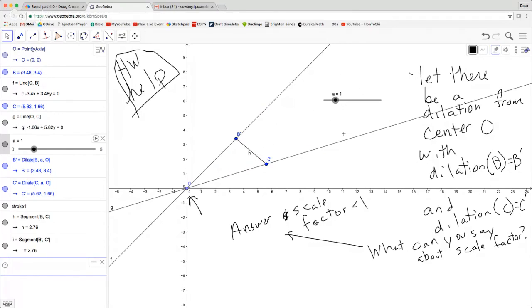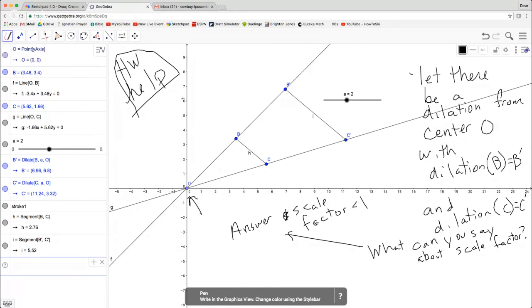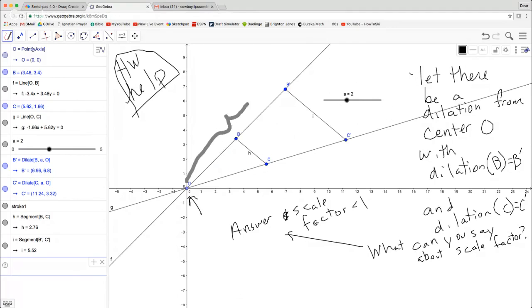Okay, so let me ask you a question. Let's say we had a scale factor of 2. Now, this is also homework help, so think about this one. If OB prime is 10, then how big is OB?